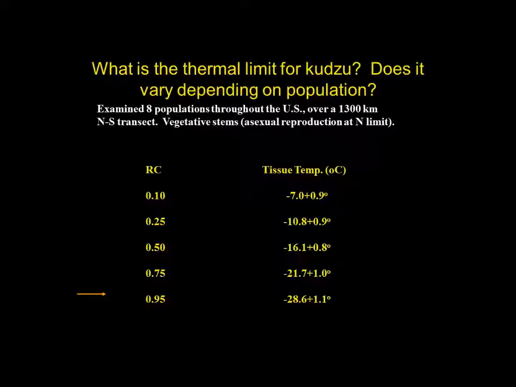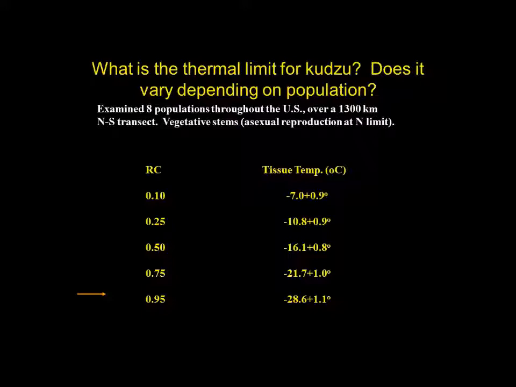So what she did is take these different populations and expose them to different temperatures for a few hours. And she looked at the relative conductivity, the RC. All she did was grow the tissue at a certain temperature and apply an electrical charge to it. If the electrical charge showed a strong conductivity, that is a relative conductivity of 1, then all the cells in that piece of tissue had basically broken open and it was dead.